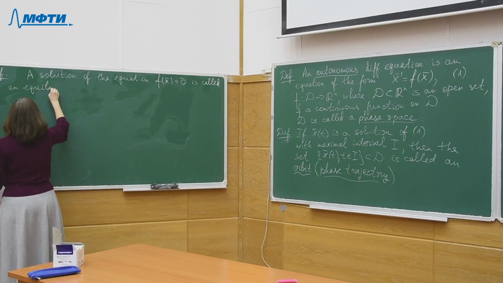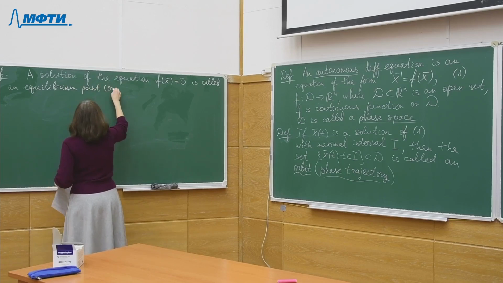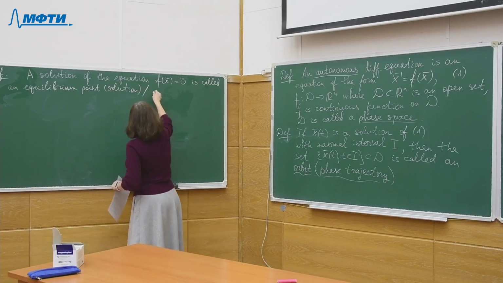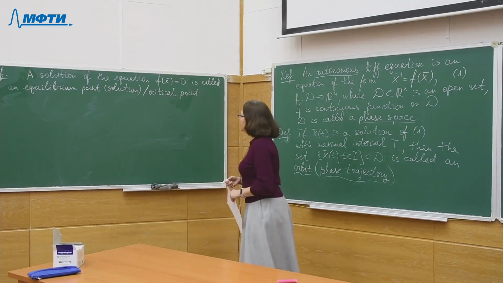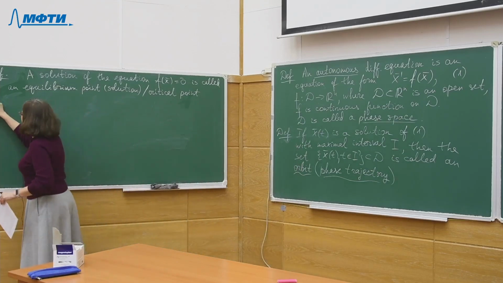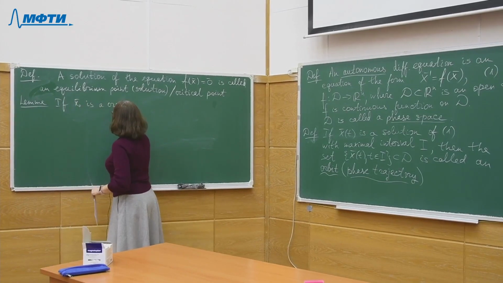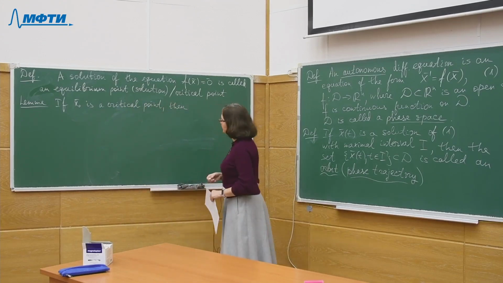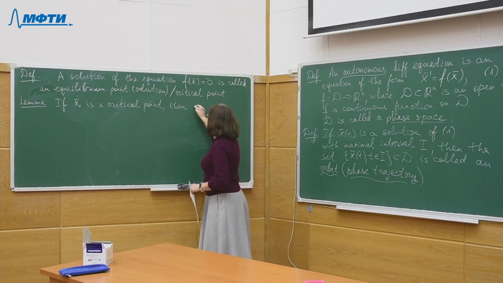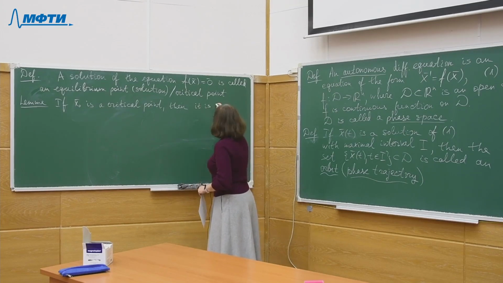So, let it be a lemma. If x0 is a critical point, then it is an orbit, or a phase trajectory.